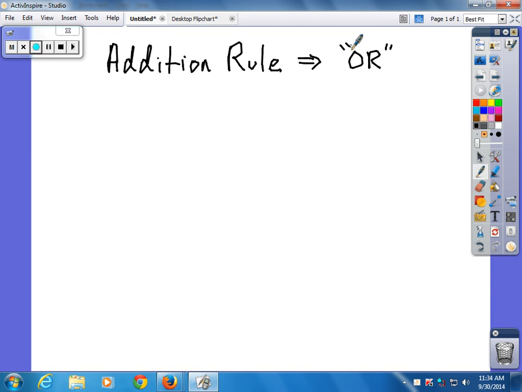The last sentence of the problem will say find the probability of finding this or finding this, and there'll be an or. Now the only rule that you have to remember with the addition rule is look for the overlap.